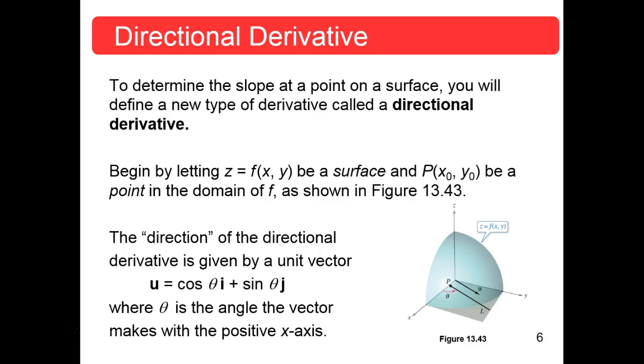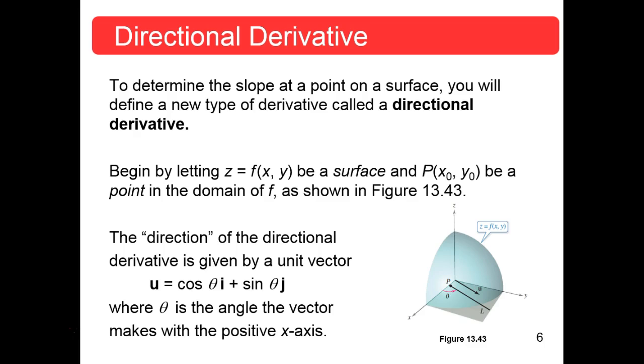All right, so z equals f of x, y is a surface. The hillside, this smooth surface over here, whatever. P at x0, y0 is some point on that surface, but it's in the domain of f. So the x's and y's have to be defined for that value f. Okay? Now, this figure, you can't tell where P is.